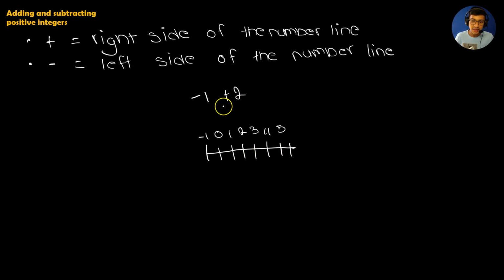Here we have to add, or move to the right side of the number line, because we are adding. So moving to the right, how many times? By 2. We start from -1 and we move twice, once and twice, and so our number lands on 1. So our answer is -1 plus 2 equals 1.